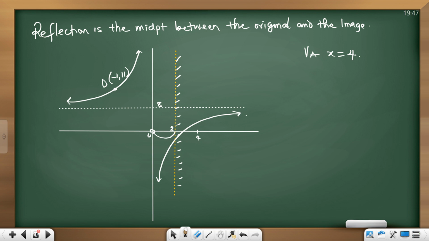Okay, there. Let's look at our horizontal asymptote. Just flip a horizontal line across. Already I have an equation.